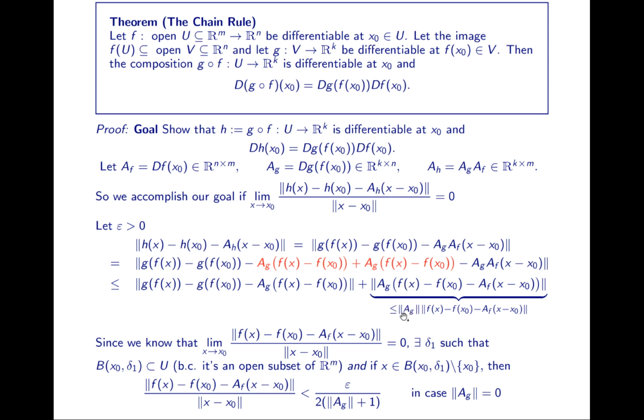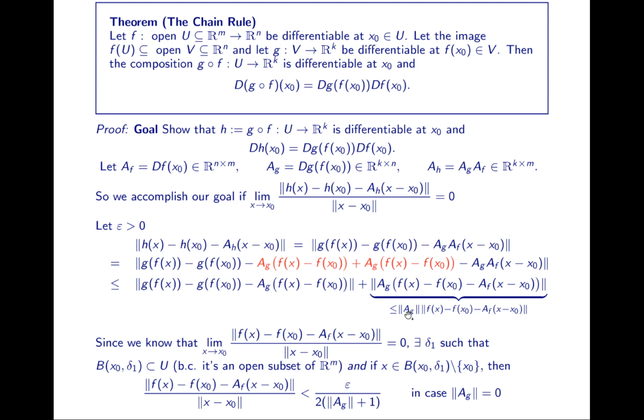Right, there's this norm of Ag factored out. Remember, the norm of a matrix is the max norm of the matrix times the unit vector. And that's why I can factor it out and get this less than or equal to. So I need to be able to cancel this. So I have epsilon over 2 times the norm of Ag plus 1. Now, why this plus 1? Why not just the norm of Ag?